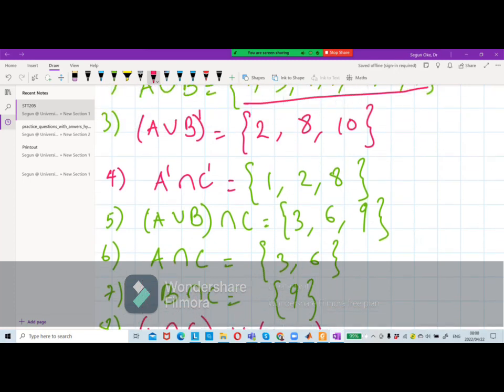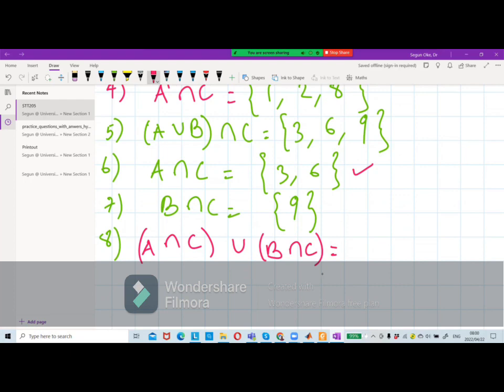We have it in number 6. What is B intersection C? We have it in number 7. So for the answer, we add them together, which union means, addition without repeating any element twice. So we have 3, 6, 9. That's all. So number 9.